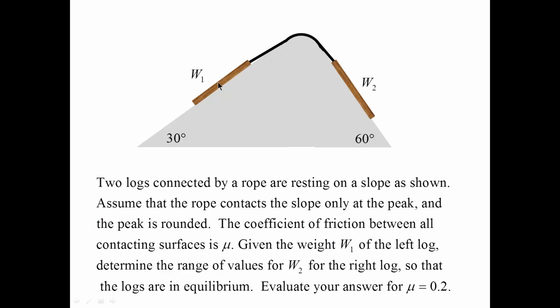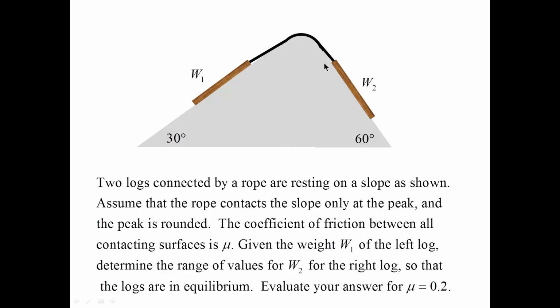And there are three contacts: between the left log and the slope, the right log and the slope, and at the peak of the slope, which is rounded, where the rope makes a turn. I assume that there is no contact between the rope and the slope along the straight edges.